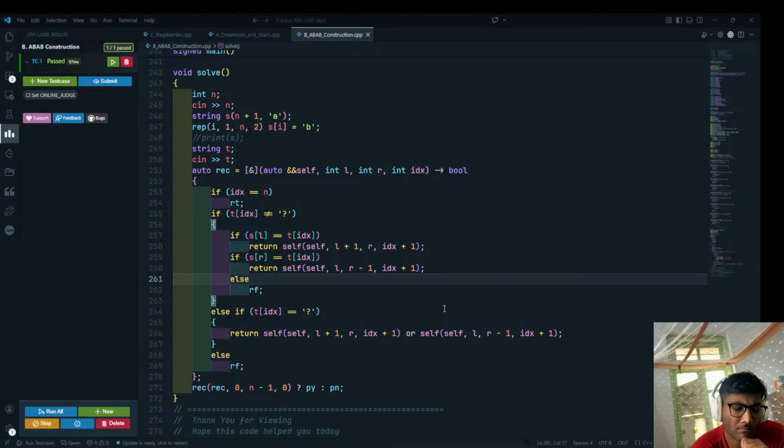Let's try to prove the time complexity of this solution is order of n. Because IDX is always increasing. L plus 1 increasing, R minus 1 increasing. If let's say I have five question marks, every time there will be two function calls.